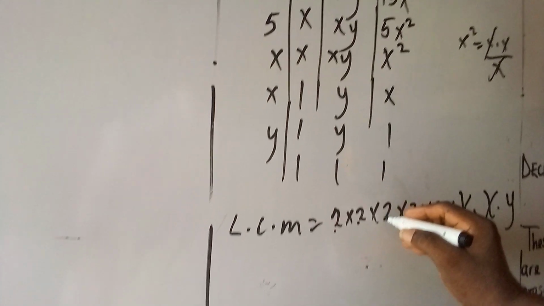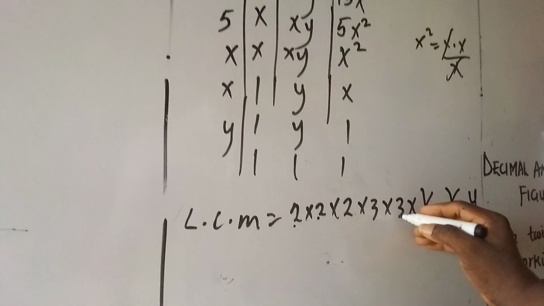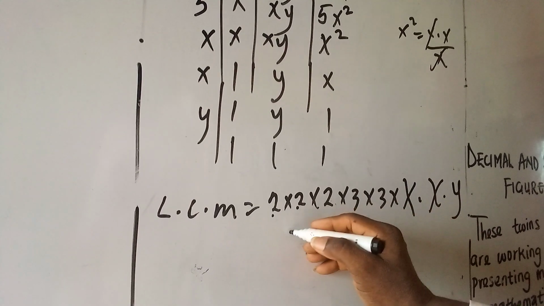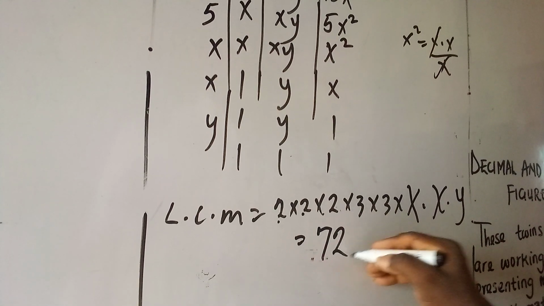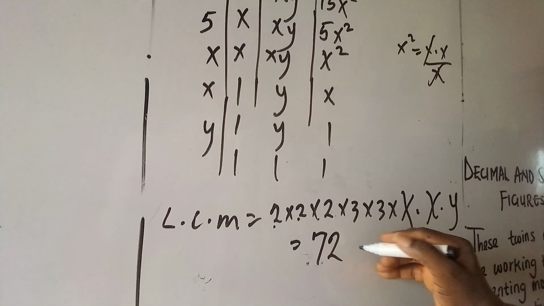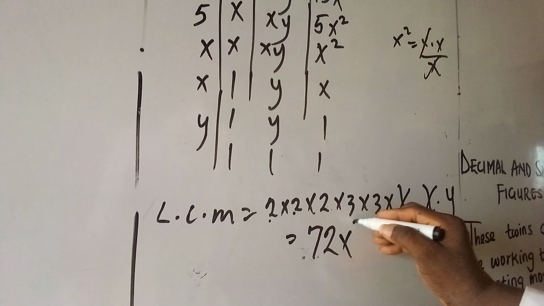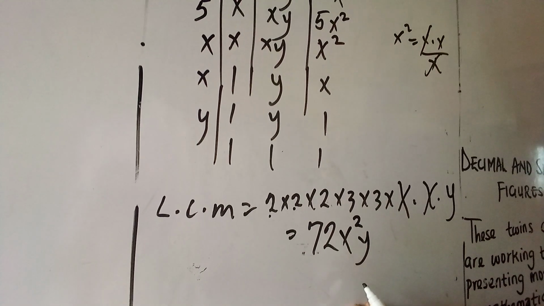So 2 times 2 times 2 is 8. 8 times 9, 72. So the answer here will be 72x squared y. This will be the LCM.